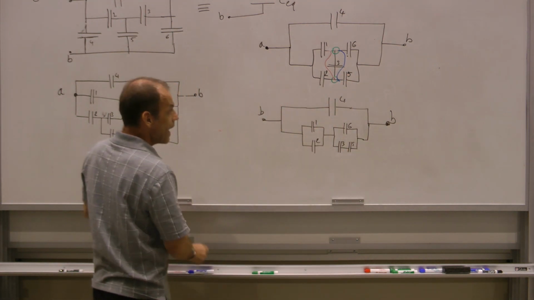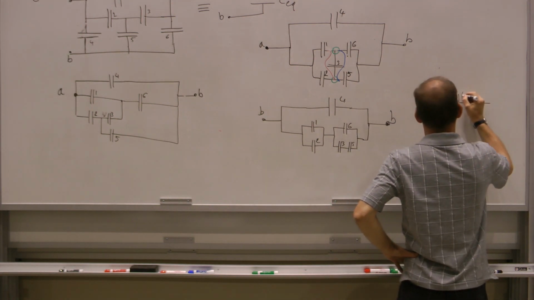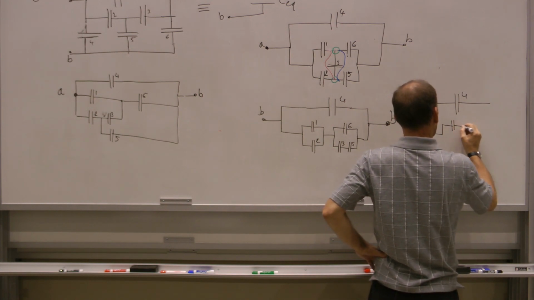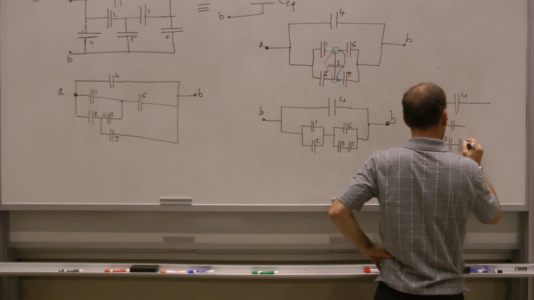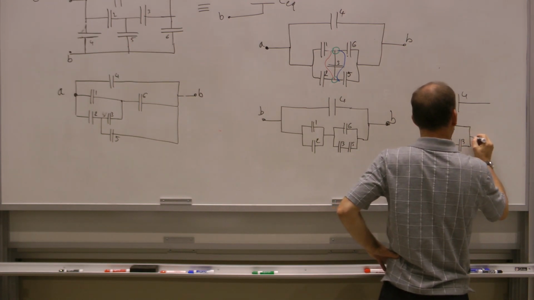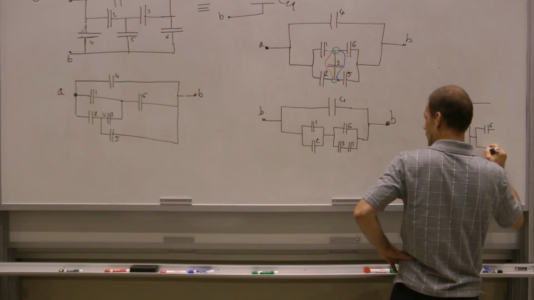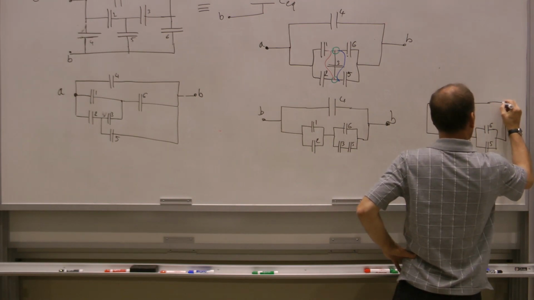So in other words, now this will be equivalent to having capacitor 4 here connected to 1 in parallel with 2 and 3, then reconnect it to 6. And the last one that's sitting by itself, 5, and up to B.